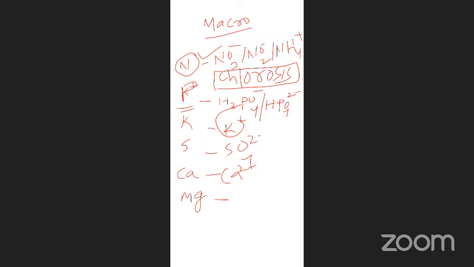Magnesium is a constituent of the ring structure of chlorophyll. Like nitrogen, magnesium is also a structural part of chlorophyll and also helps in maintaining ribosome structure.